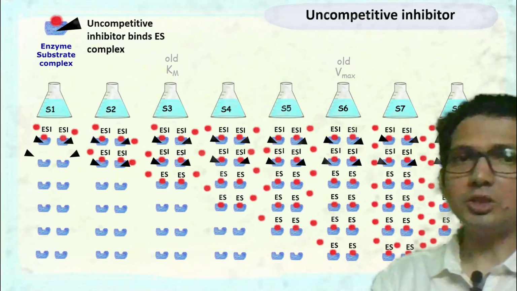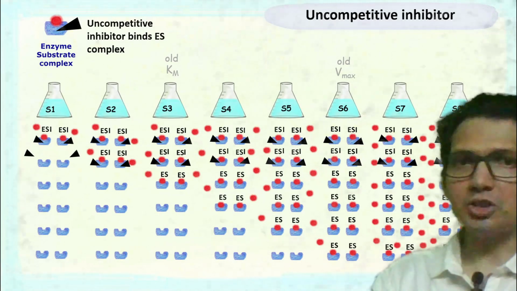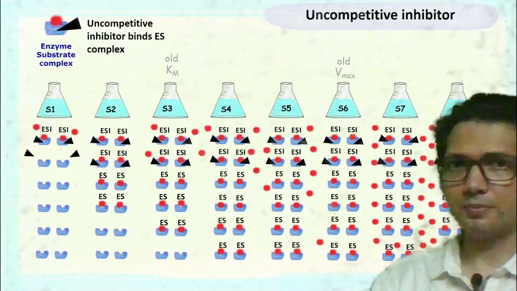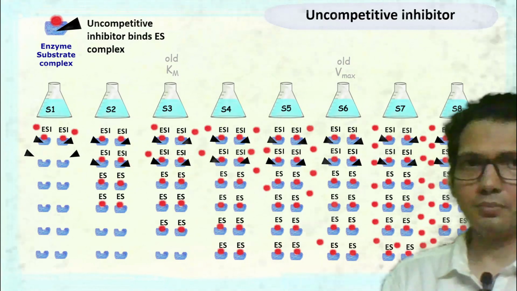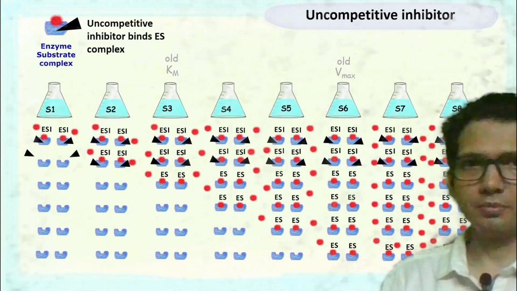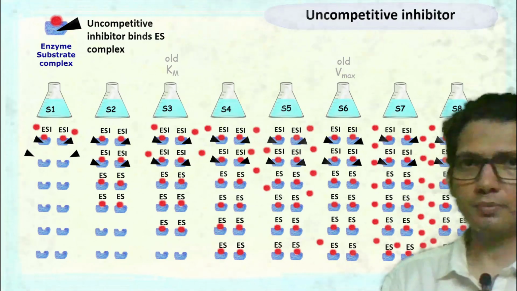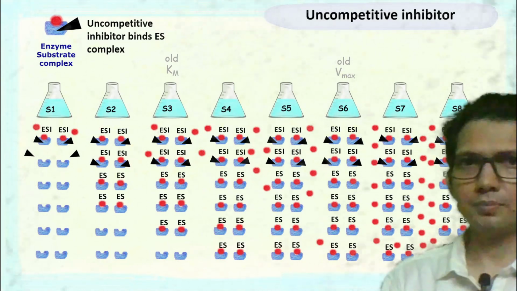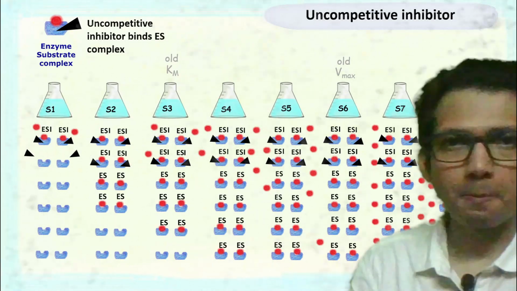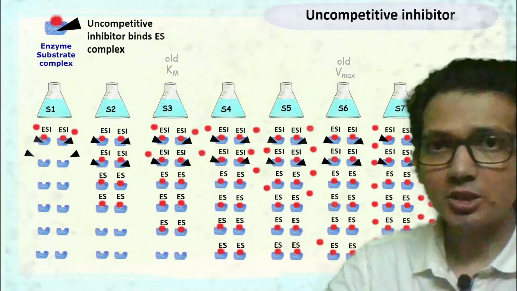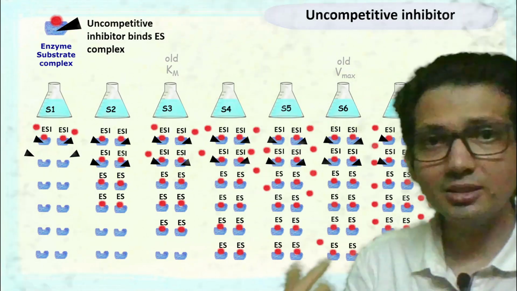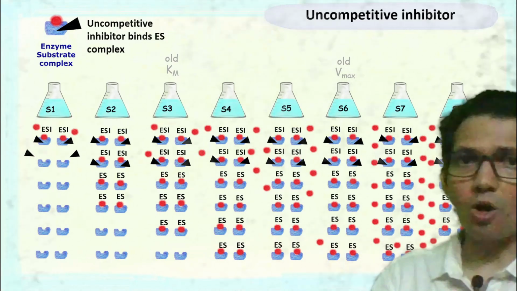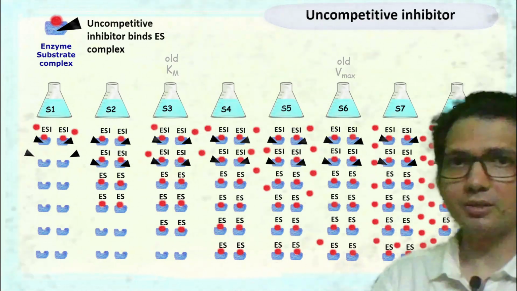So let's see the animation to understand how the reaction moves in forward direction. So this is a situation when the equilibrium is re-established. Now let's try to find out Km and Vmax of uncompetitive inhibitor.